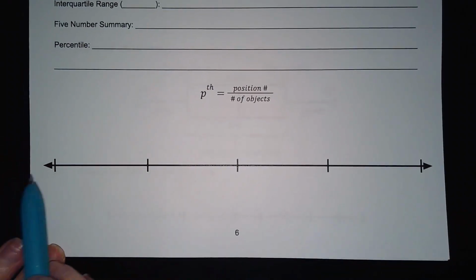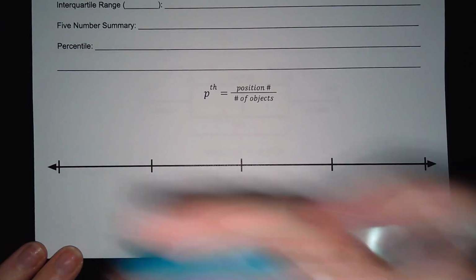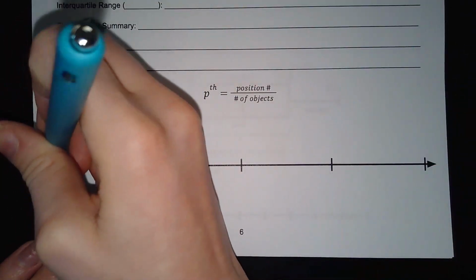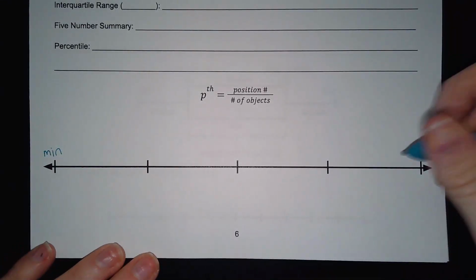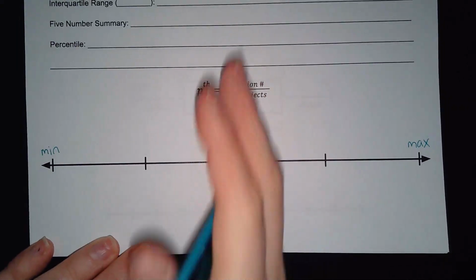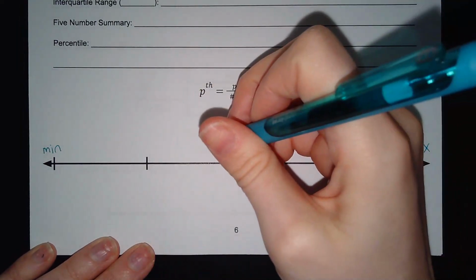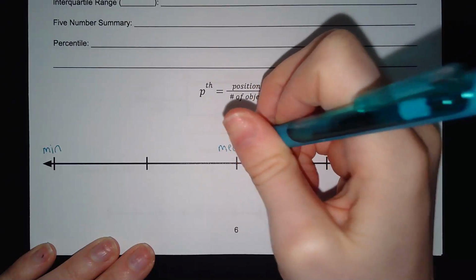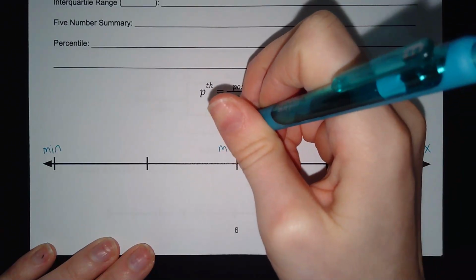Well, if we think about this line as our data set, we're going to have the minimum down here. That's our lowest number. And we're going to have the maximum up here. And then we know directly in the middle is going to be the median, which we also just said was called Q2.